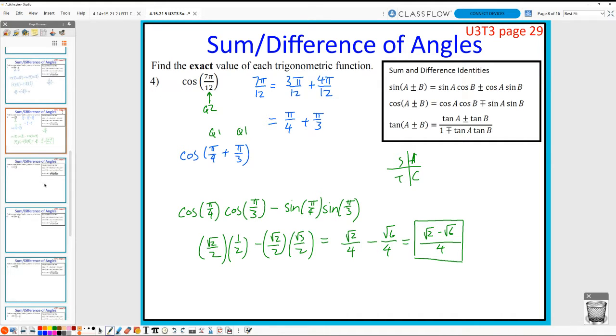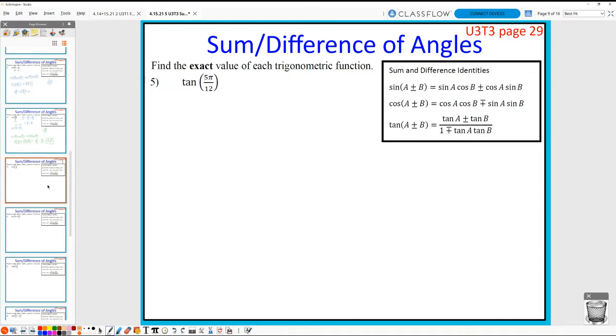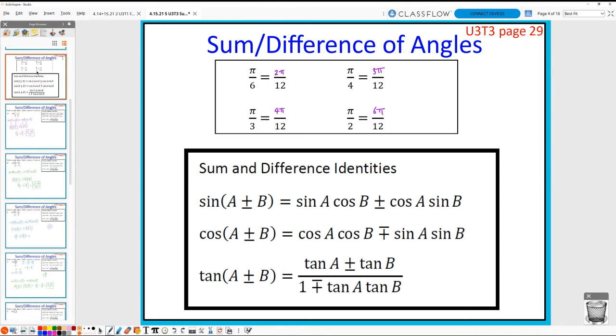All right, let's go to the next problem where we have our tangent. Excellent. We do have 5 pi over 12. It might be a good idea just to take a look at this table and see, can I get 5 pi by adding or subtracting or something, right? The only way to get 5 pi would be 2 pi plus 3 pi.